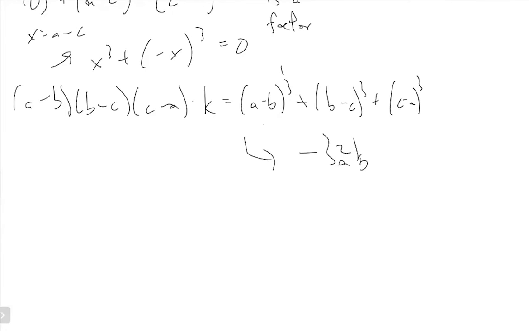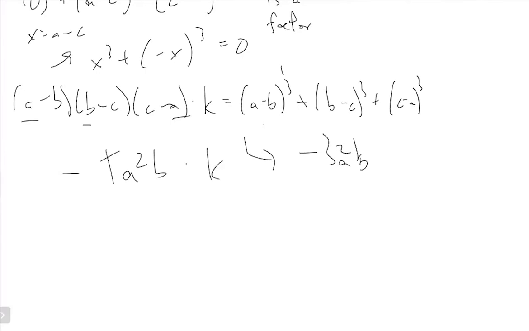And from the left-hand side expression, you would only get A squared B once, because you need A from this expression, A from this expression, and B from this expression, and it has a coefficient of negative 1. So that means this is negative 1 A squared B times K.